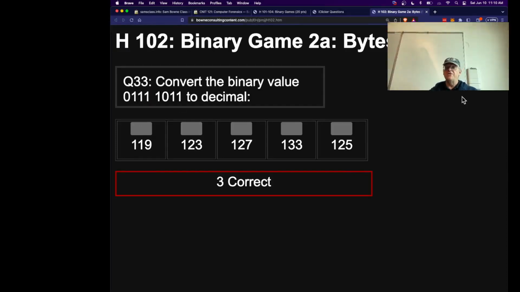All right, let's just read the last one. What do you make of this one?